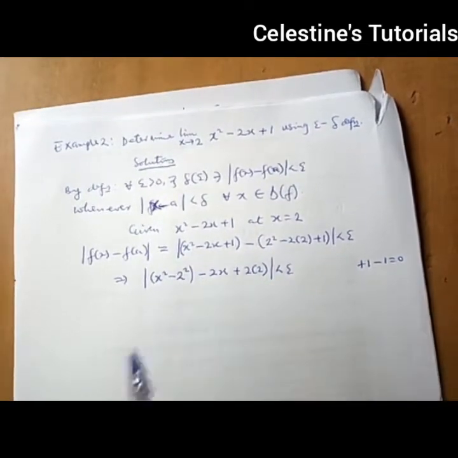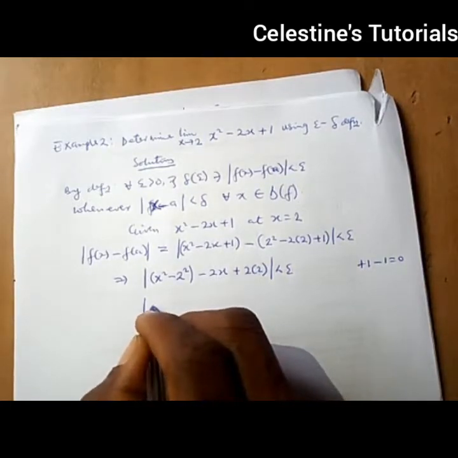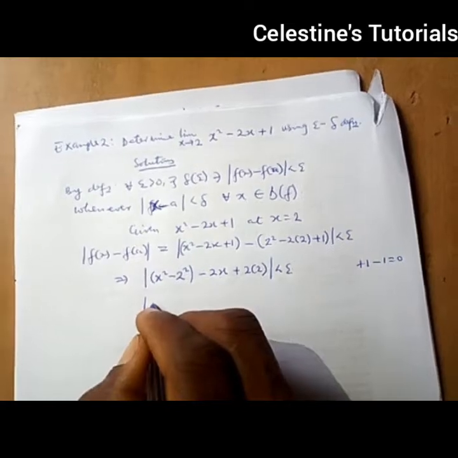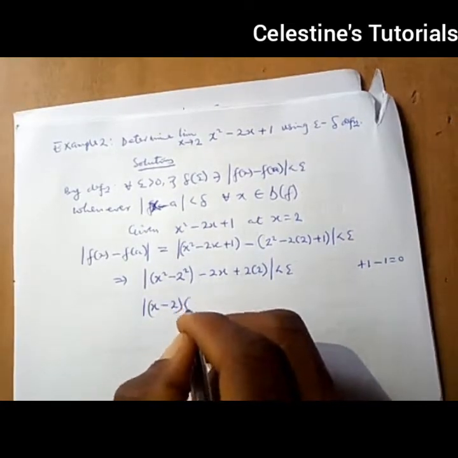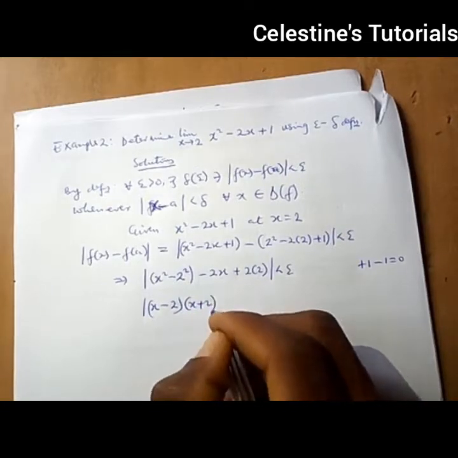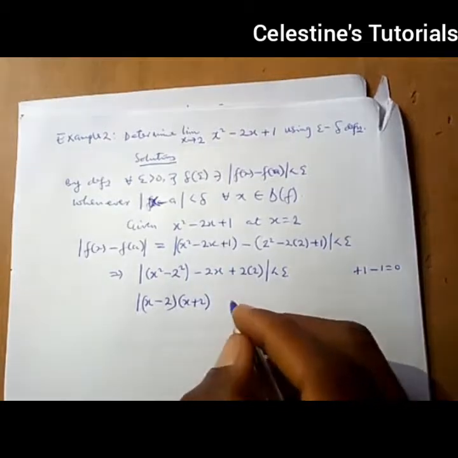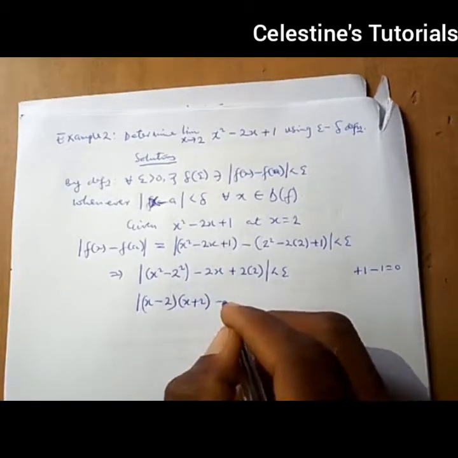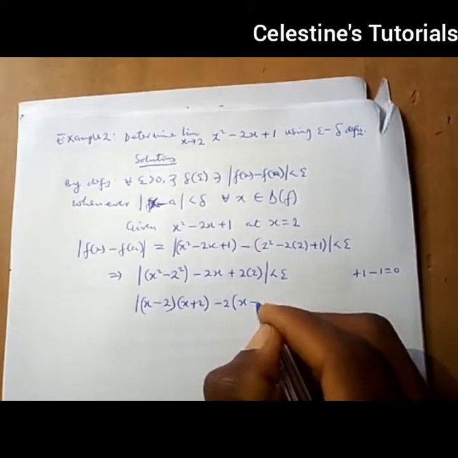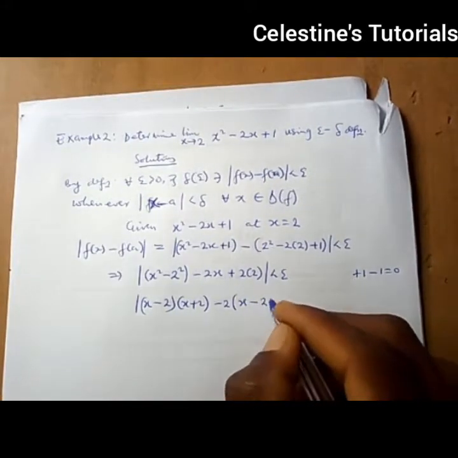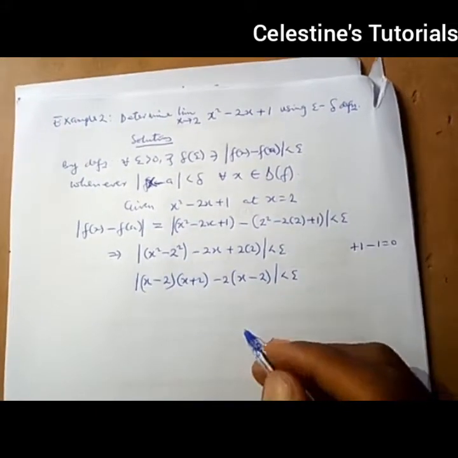So from here, what you have is the difference of two squares. You have (x minus 2)(x plus 2). Now what you have here, 2 is common. You factor out, you have minus 2 into (x minus 2), close your bracket, less than epsilon.